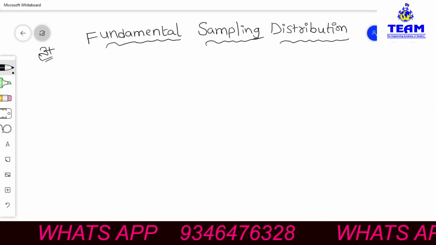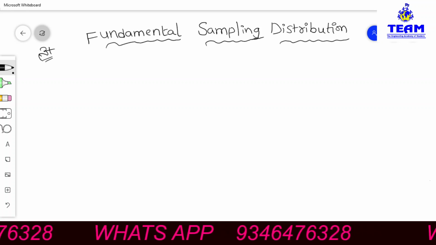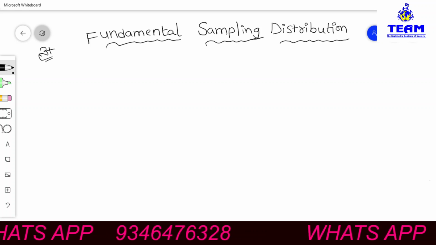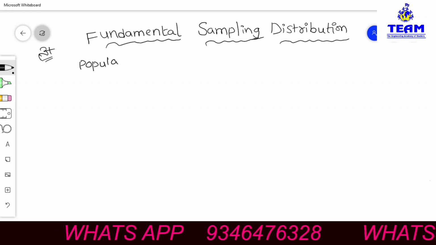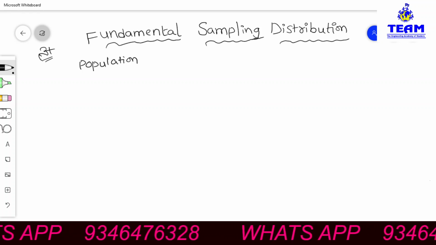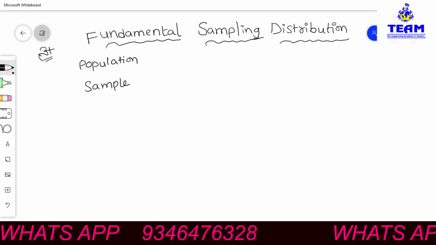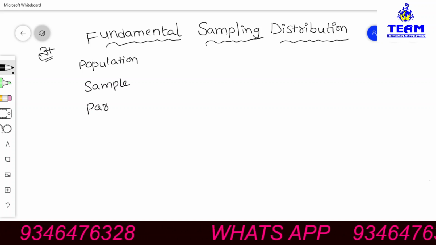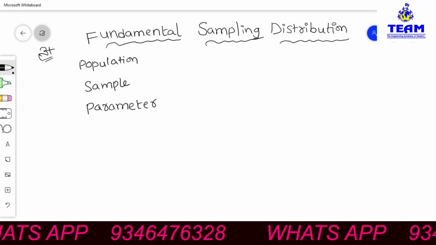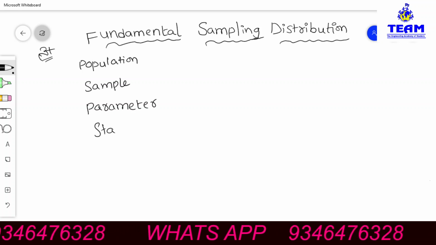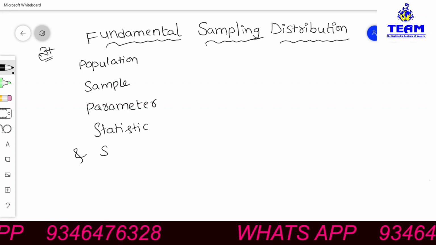First of all, we have to learn some basic terminology about fundamental sampling distribution, which are population, sample, parameter, statistic, and sampling.